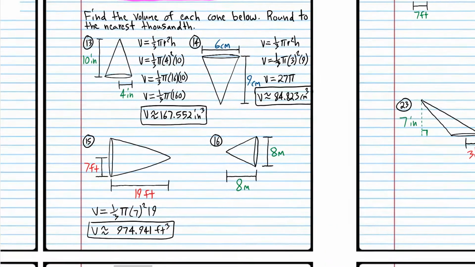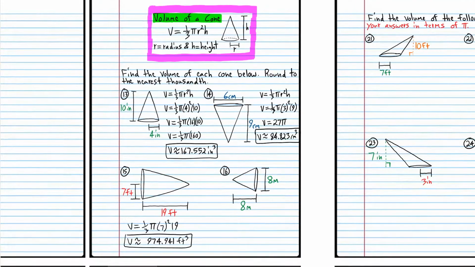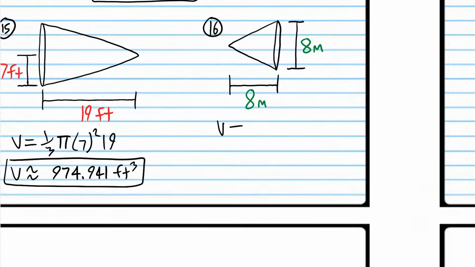If you got that answer correct, good job. Again, round off to the nearest thousandth, try number 16, and when you come back, we'll do it together. All right, we're back. Volume is equal to 1/3 pi r squared. R is not 8, it's 4, and the height is 8.